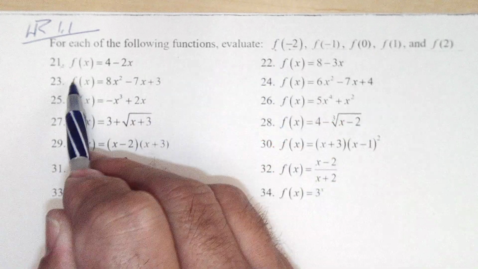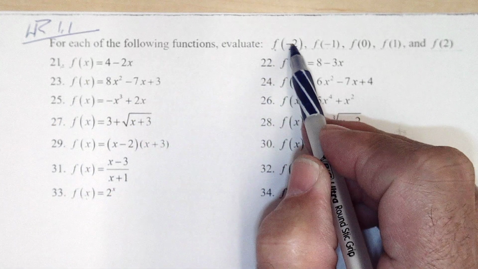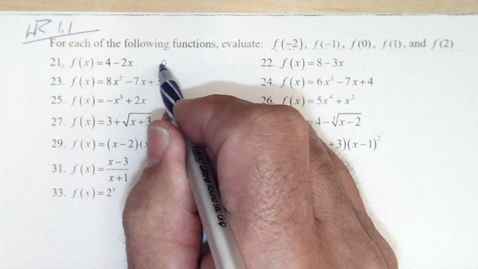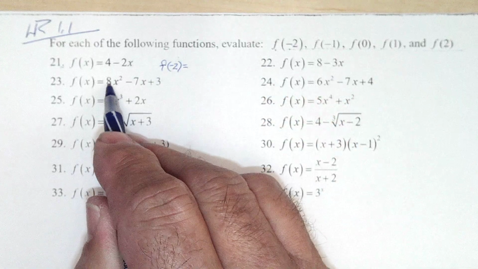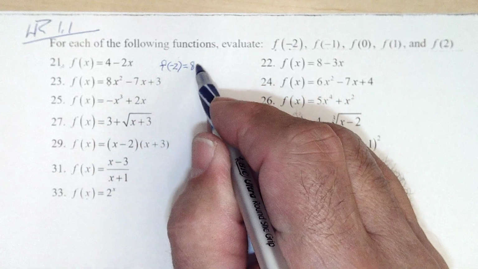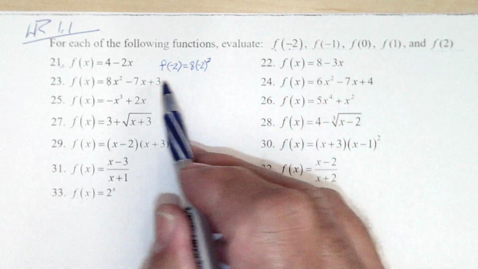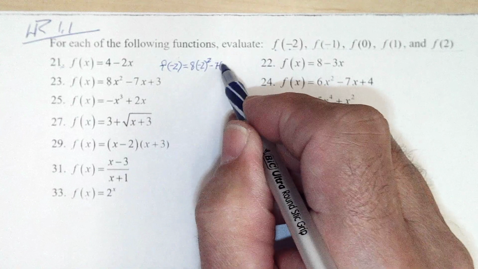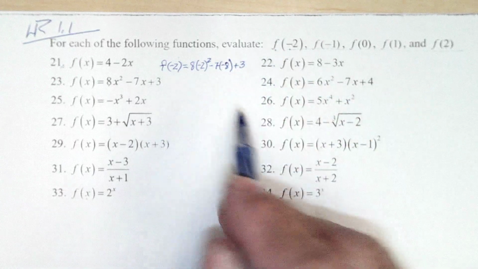It says, figure out what the y value is when x is negative 2. So we got to put negative 2 in there. So f of negative 2 would be 8 times negative 2 squared minus 7 times negative 2 plus 3.